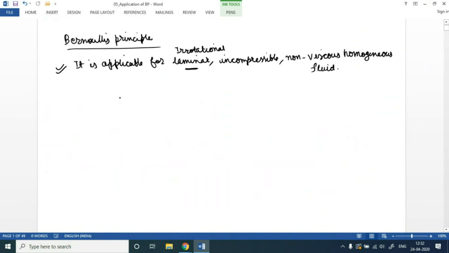And the statement is, as the liquid flows from one position to another position, P plus rho g h plus half rho v square is going to remain constant. We have looked at that this expression is nothing but a form of the principle of conservation of energy.